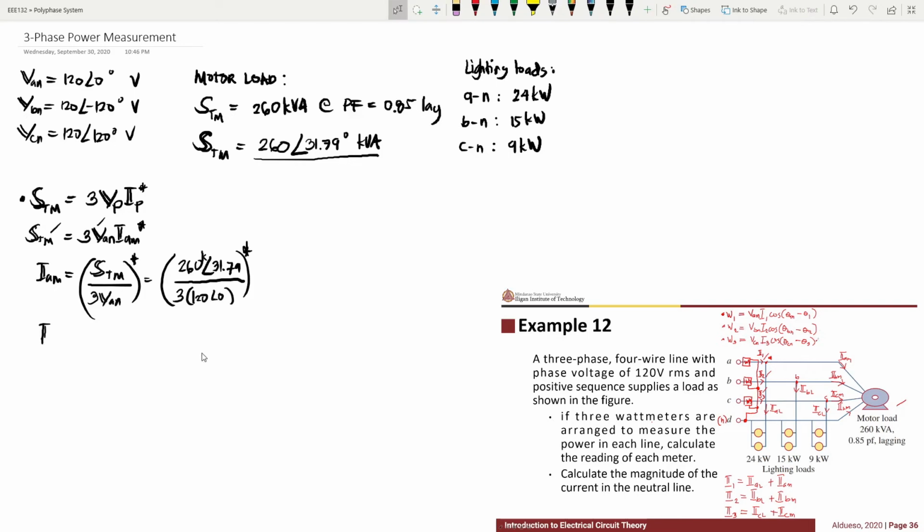So IAM is equivalent to 100 point something with angle of 31 degrees.